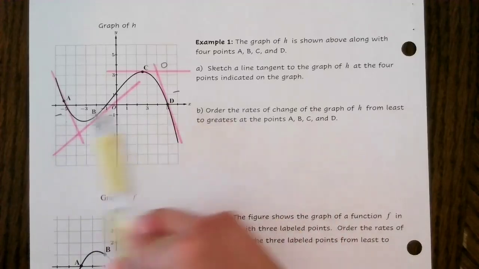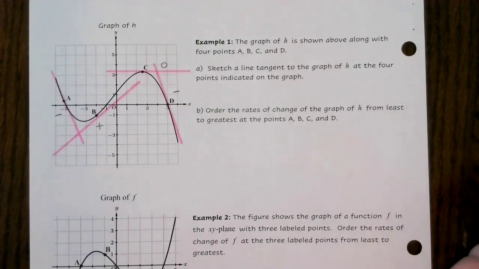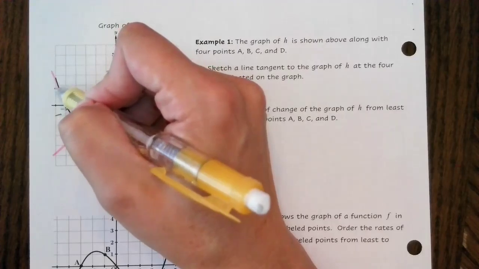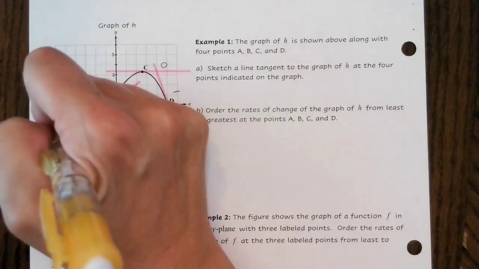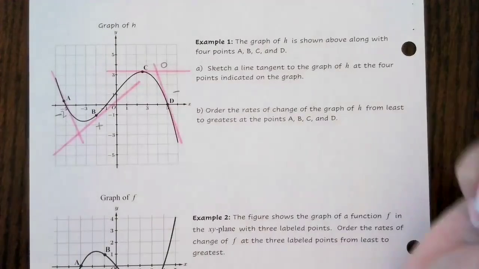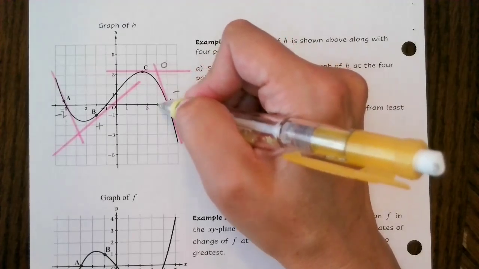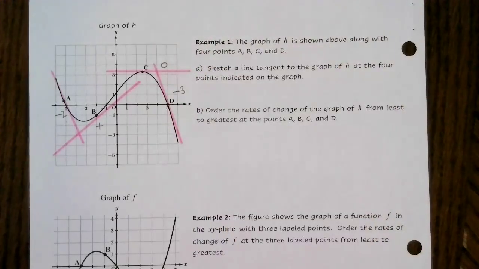So my two smallest ones are going to be this A and this D tangent line. So the next thing I would want to do is you can take a couple points here. So this goes down 1, 2, and to the right 1. So we've got like a -2 approximately. For this one here, if I went down 1, 2, 3, and over 1, this slope would be approximately -3.